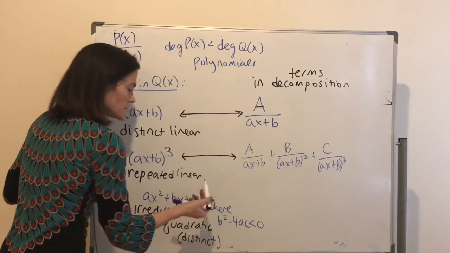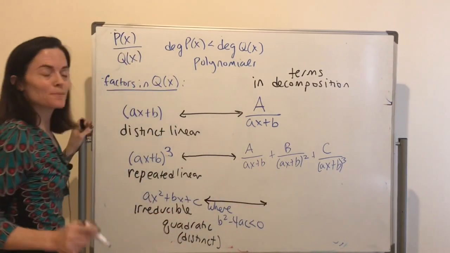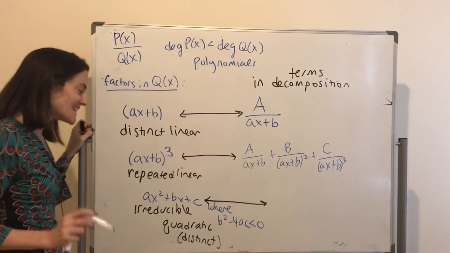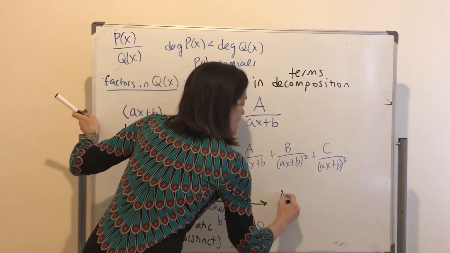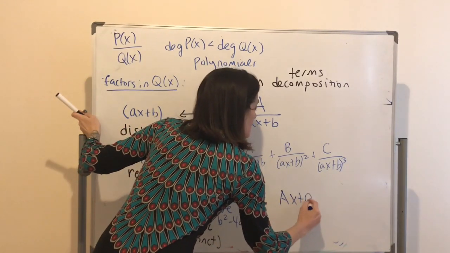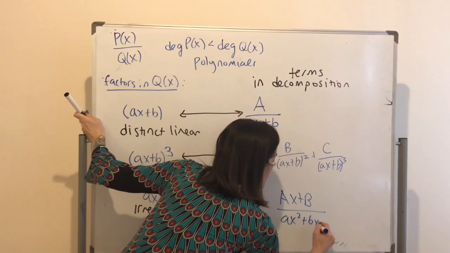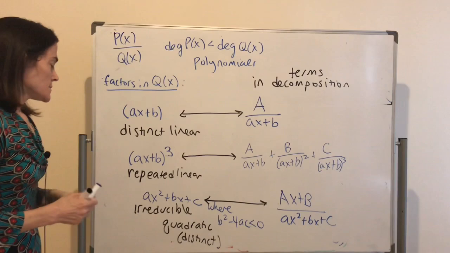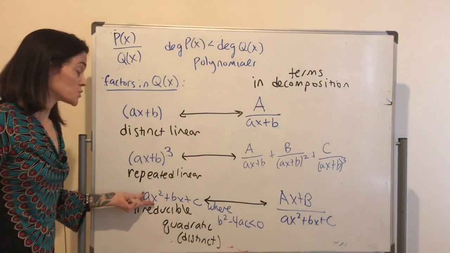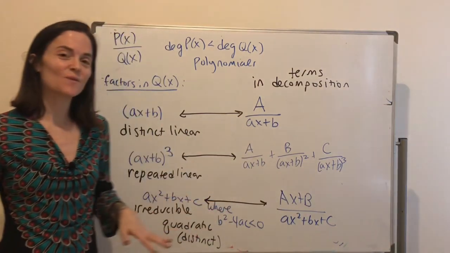So in your partial fractions decomposition, you would have a capital Ax plus B over this irreducible quadratic, like this, okay? So we have degree 2. There are 2 coefficients we need to solve for.